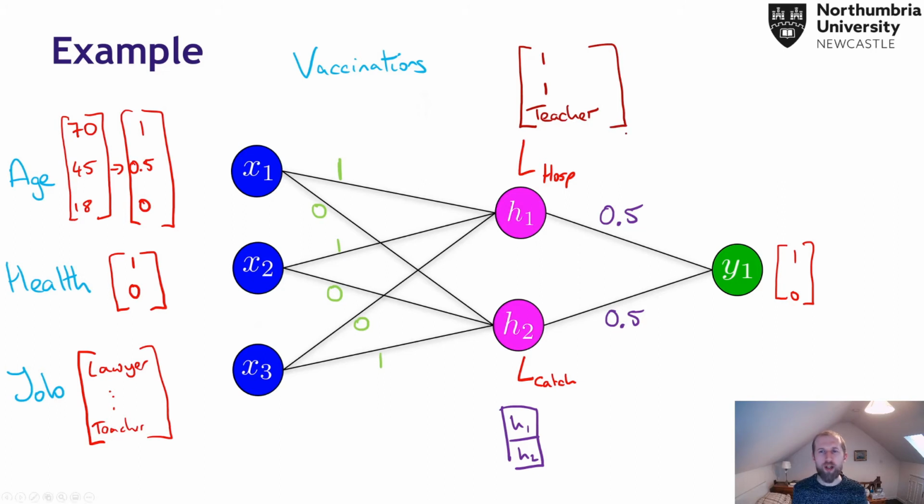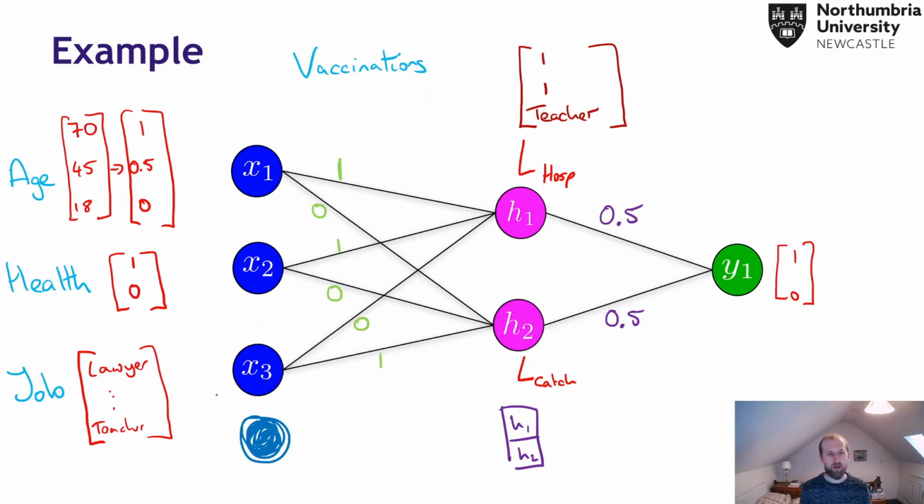I do want to just quickly, very quickly, talk to you about how we'd actually get around this. Not going to go into detail here, but essentially, for each of the possibilities here, let's say we just have lawyer and teacher, instead of having just one node for jobs, we'd actually have another node, and this node would represent lawyer, this node would represent teacher.